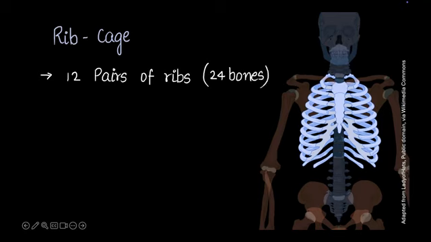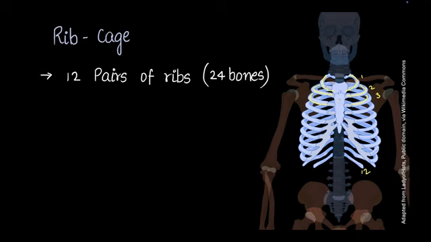Let me just show you where these are. You can see that this is one bone, and on this side we have another bone. Similarly, this is one bone, on the other side we have another bone. If you sat to count them, you'd find 12 pairs, and so that's 24 bones.